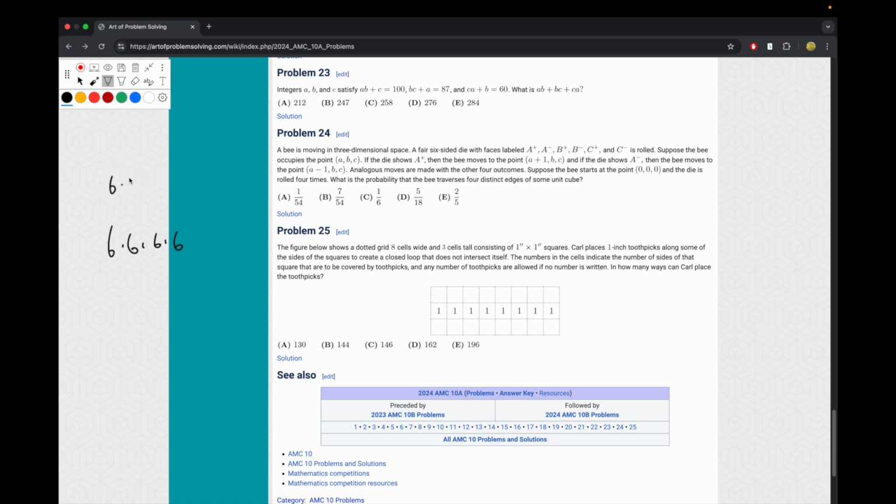So we have 6 because it can move anywhere. So assume that it moved, without loss of generality, let's assume that it moved here. Now this has multiple cases. It can either go up, it can either go there, it can either go down.